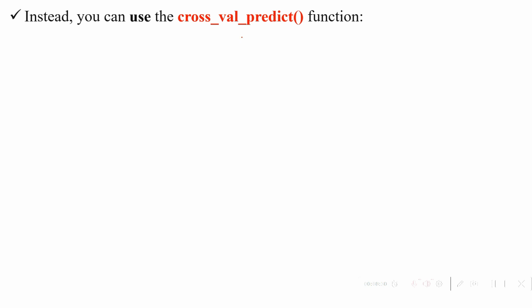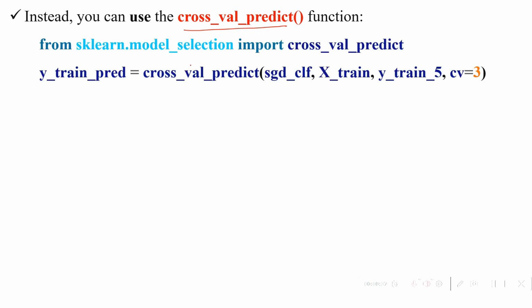Instead, you can use the cross_val_predict function: from sklearn.model_selection import cross_val_predict, then y_train_pred = cross_val_predict of the stochastic gradient classifier, providing the X_train data and y_train data, with cross validation cv equal to 3 folds.